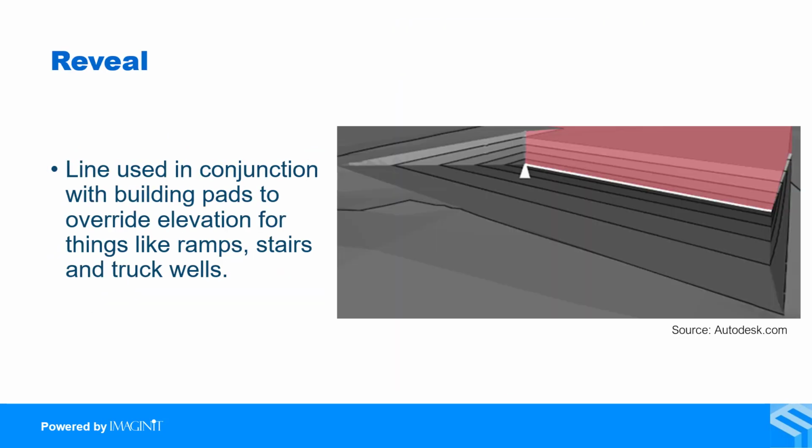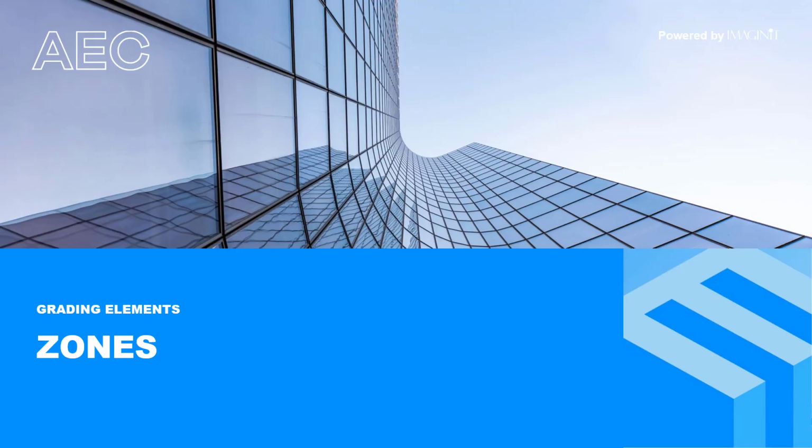Reveals are used with building pads so that you can place things like ramps and stairs. So here in this image example, there's a truck well coming up to meet a loading dock. And then the truck well reveal line was just placed with the definition of the elevation that you wanted, in this case one fixed elevation, and it creates a sharp line that you can see between the well and the bay.